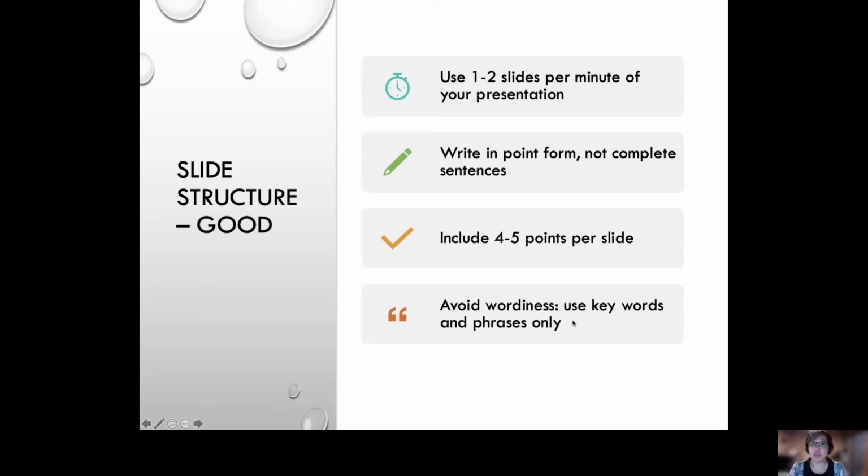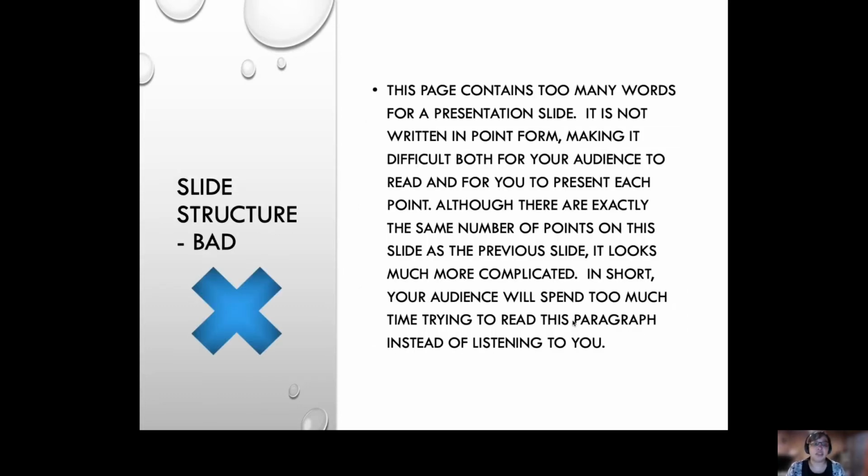Slides are to guide you. They're not for reading purposes. It's not a reading comprehension activity. This is bad structure, okay? Too much information, people have stopped listening to me and have started reading the slide. So that's not a good way, okay?